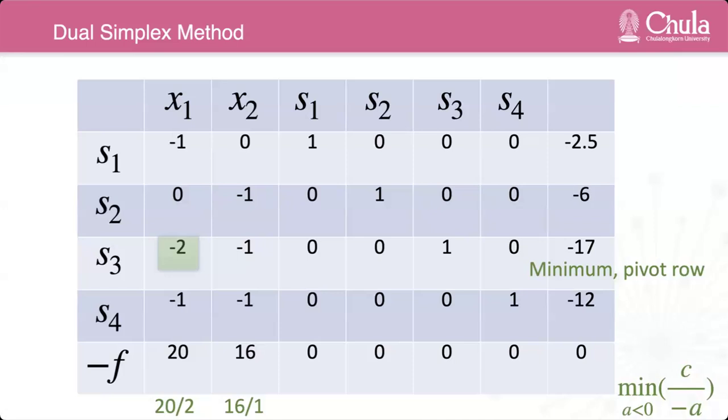You find the most negative coefficient of the objective function. But remember that once you convert the primal to dual, the coefficient of the objective function becomes the right-hand side of the constraint, right?